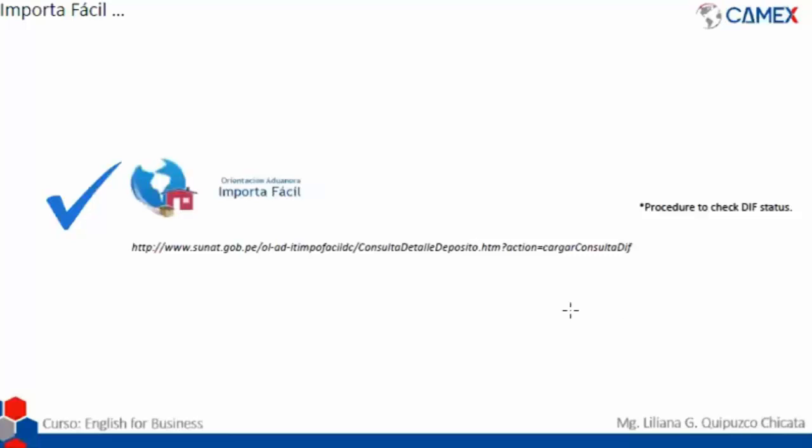Now, we're going to see on the internet, in this case on the SUNAT webpage, how to do the procedure to check our DIF status, our Declaración Importa Fácil status, to see how much we have to pay, where we have to print, which button we have to press to pay our duties, and everything that is related to that.